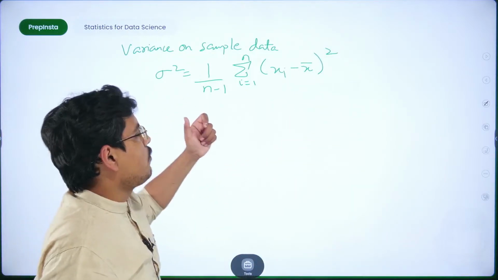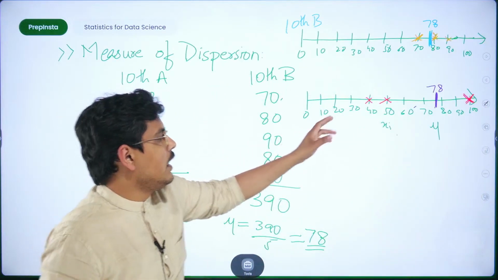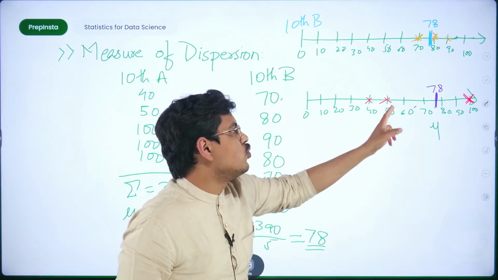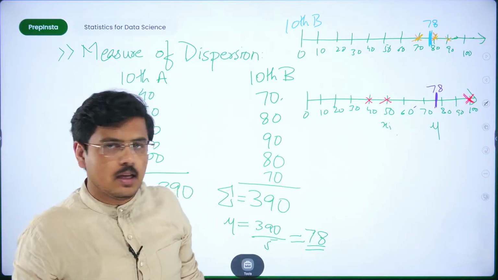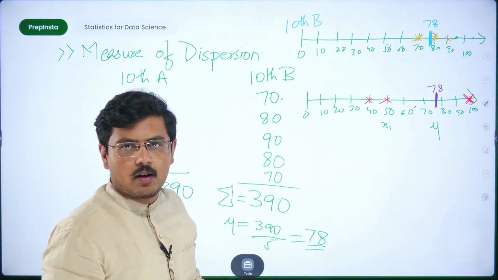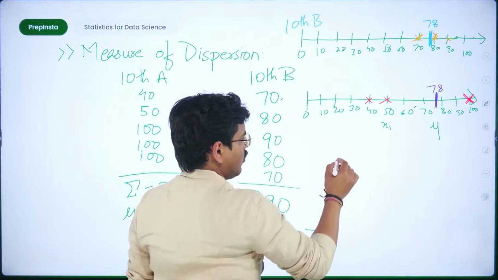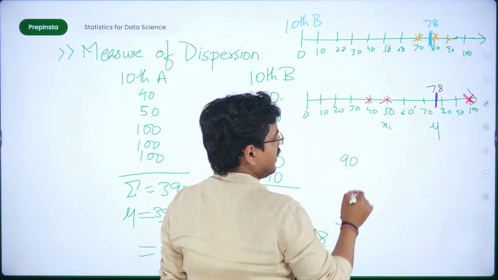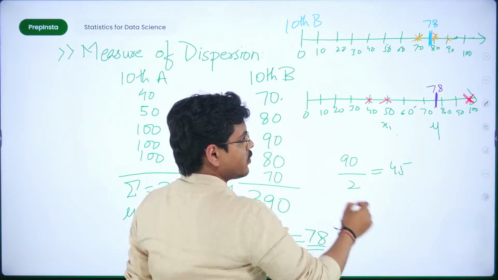Now, in a sample, let's take the same example. In the sample, I take these two values, 40 and 50. I take these two as the sample. Now, if I take these two as the sample, what will I get? 40 plus 50 is 90, divided by 2, this is 45. This is my x bar, isn't it?